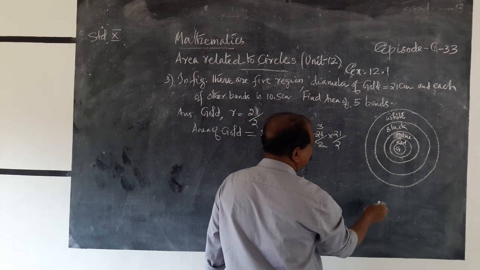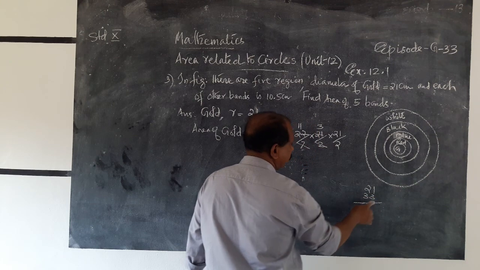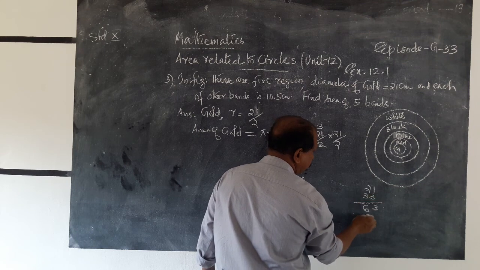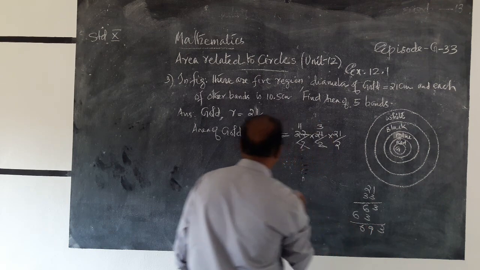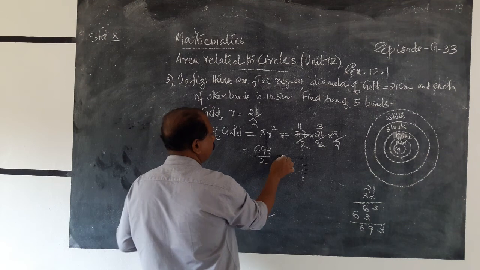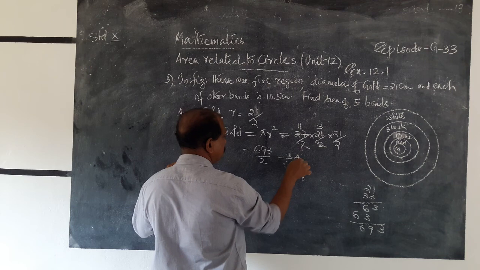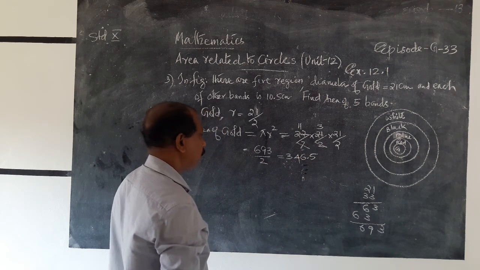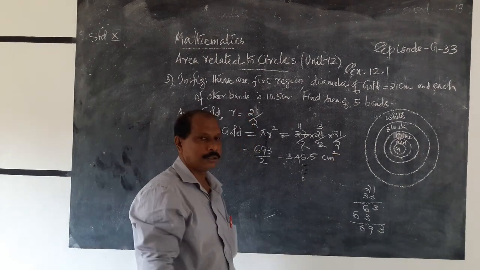Then 11 into 3 is 33. 33 into 21 by 2 gives 693 by 2, which is 346.5 centimeters square. That is the area of gold. Clear?